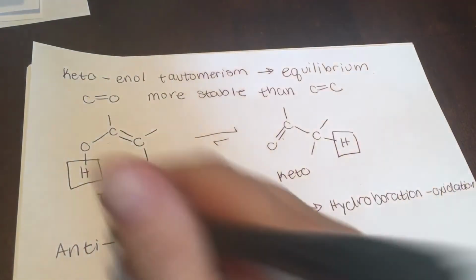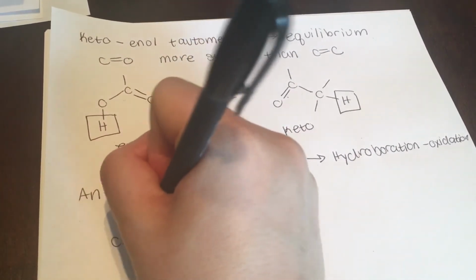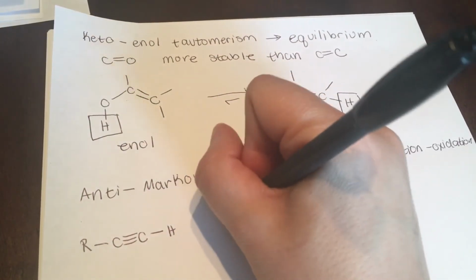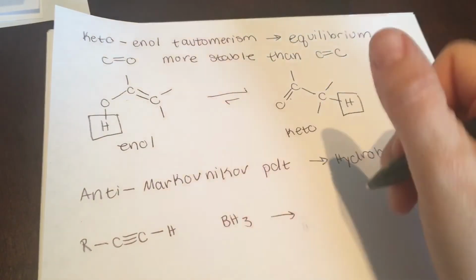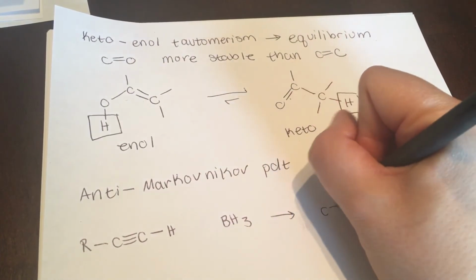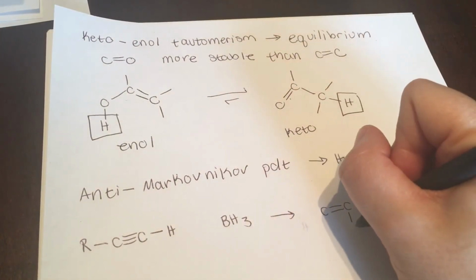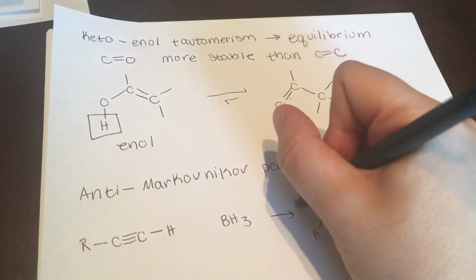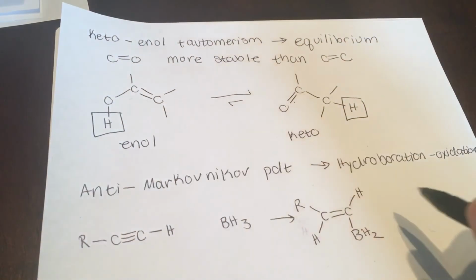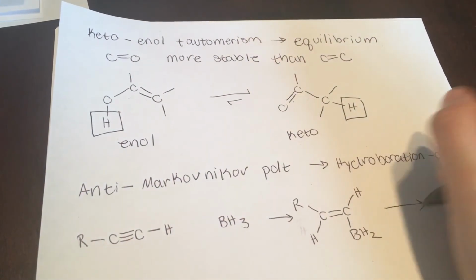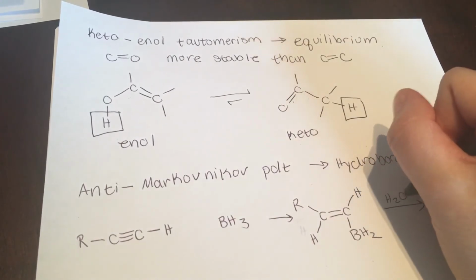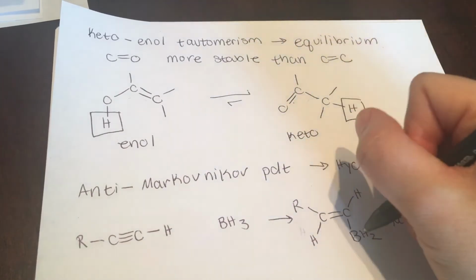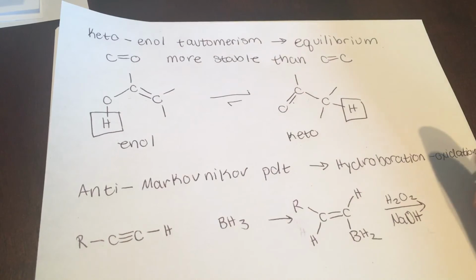Okay. So if we were to have our terminal triple bond, and you react it with BH3, so remember that's going to add the boron onto the least substituted carbon, and the hydrogen onto the more substituted carbon, and then in the presence of H2O2 and base, you are going to replace that BH2 with an alcohol.